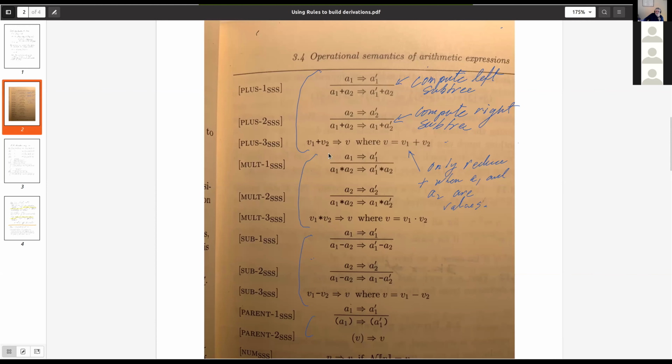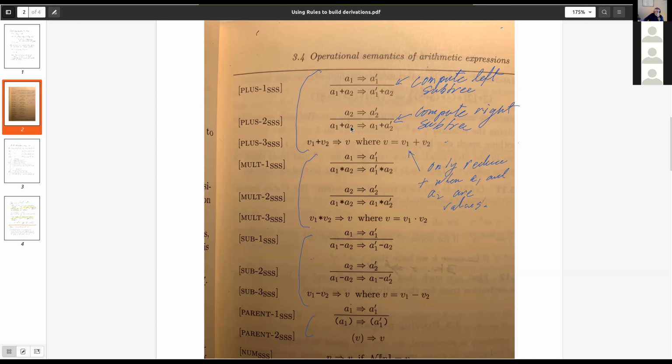So like I said last time, there are three rules now for each operator. For plus, for example, you could say, I'm going to go over in the left subterm of this plus term, A1, and do some computation there. And then the small step semantics says, if A1 goes to A1 prime, then A1 plus A2 goes to A1 prime plus A2.